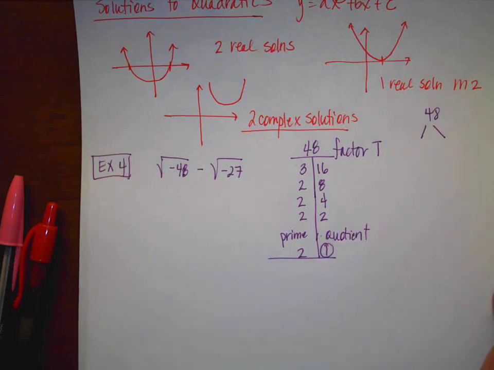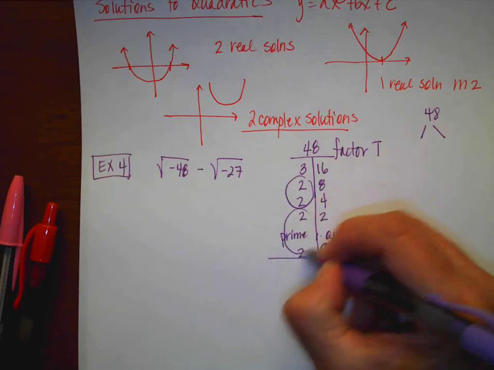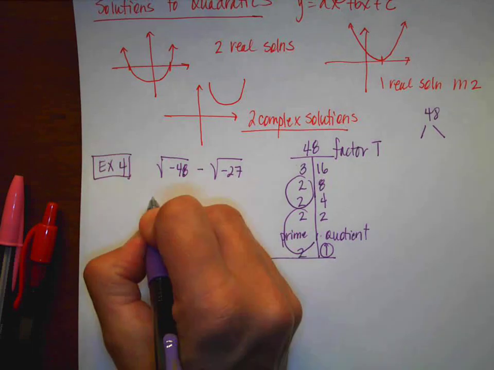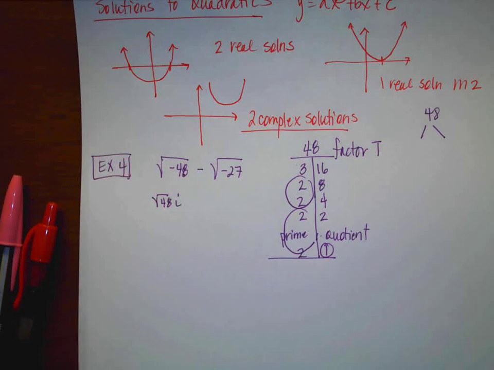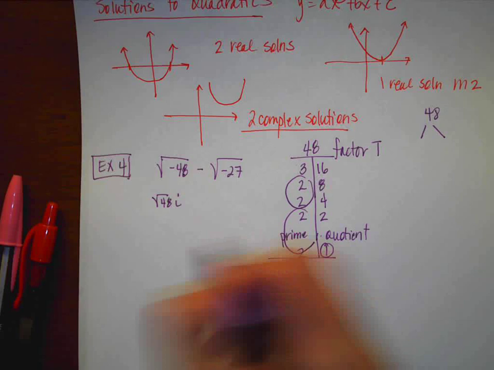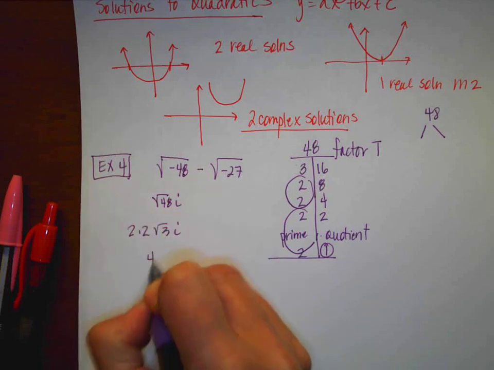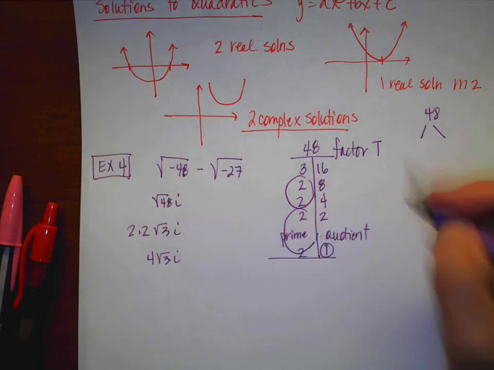When you do a factor T, you always have to have a 1 in the bottom right-hand side. Remember when I reduce a radical, numbers come out in pairs? So this is the square root of 48i, because remember the square root of a negative is i. This is going to be 2 times 2 radical 3i, which is 4 radical 3i.